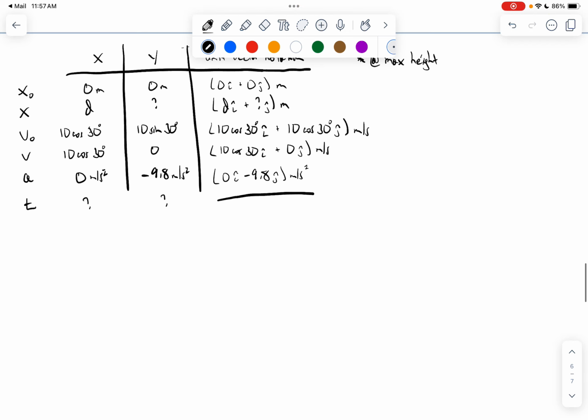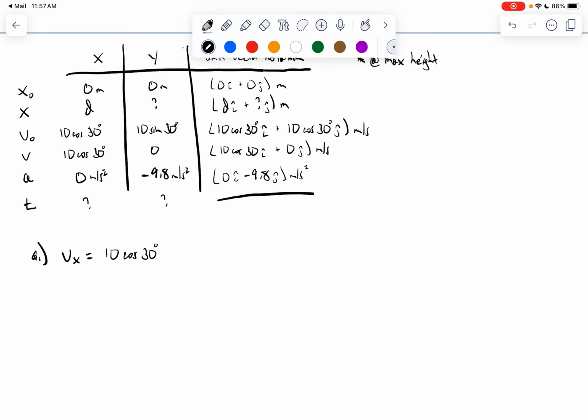So that's going to be our final speed at this point. Again, we know our velocity in the x direction is going to be our 10 cosine 30 we have from our table here. And again, anytime we're taking cosine of an angle, we just want to make sure our calculator is in the proper degree mode. So you might have to switch it off of radian mode.